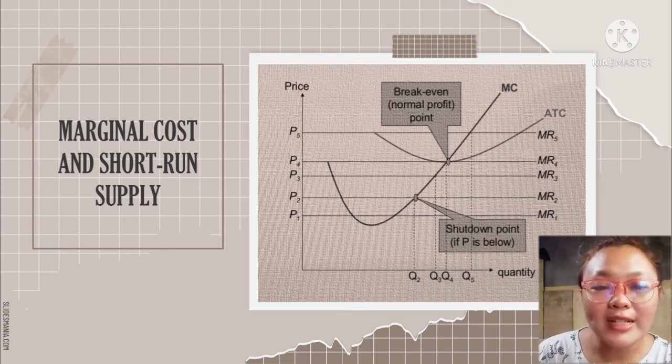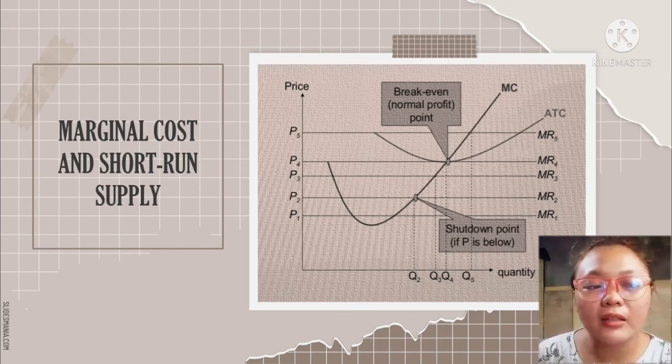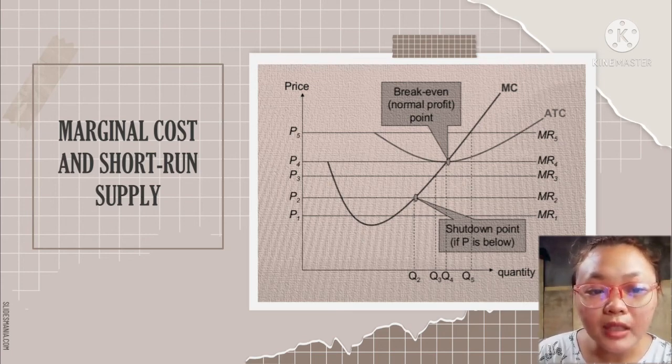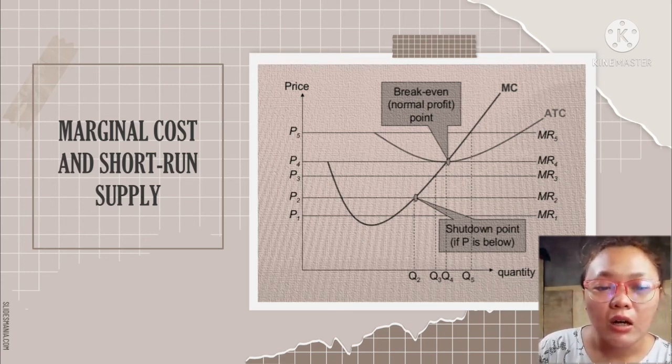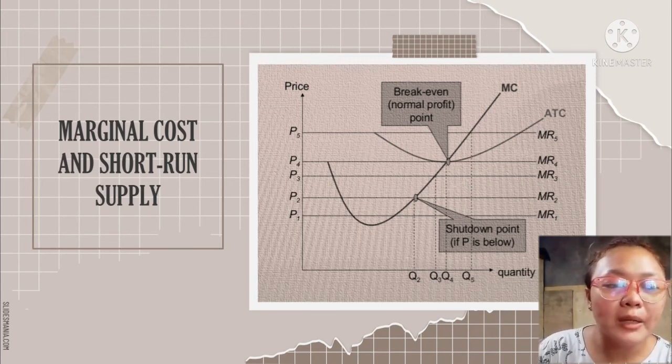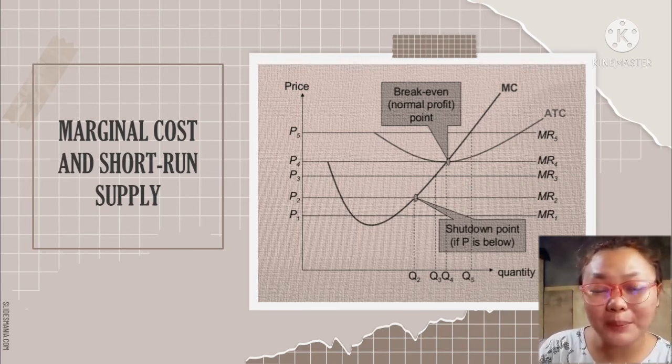For example, a firm that makes cars will sell a certain number of units at one price, but if the market price goes up, the firm will make more cars in order to maximize profit.